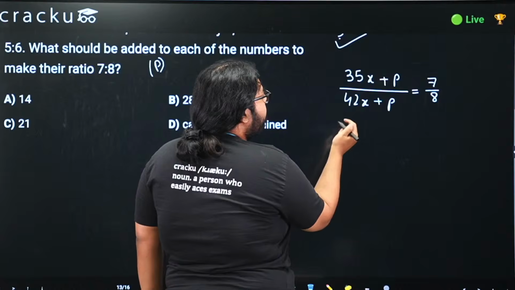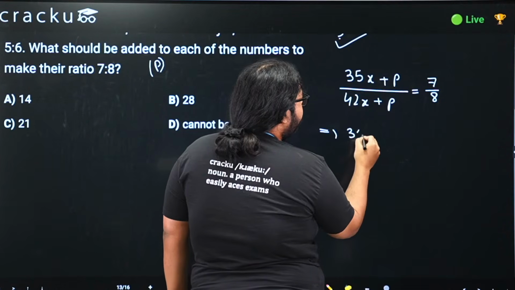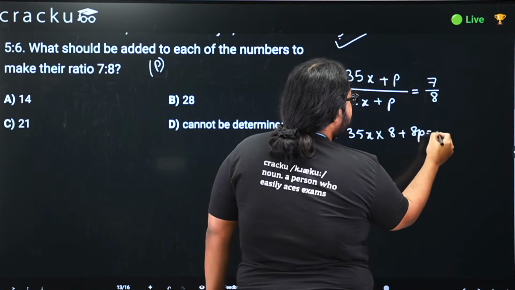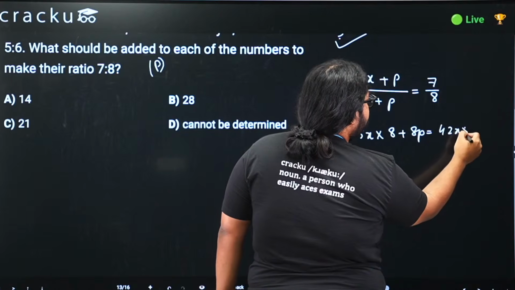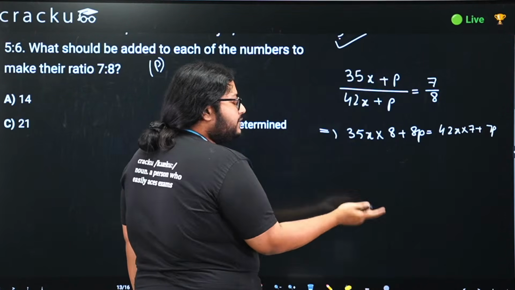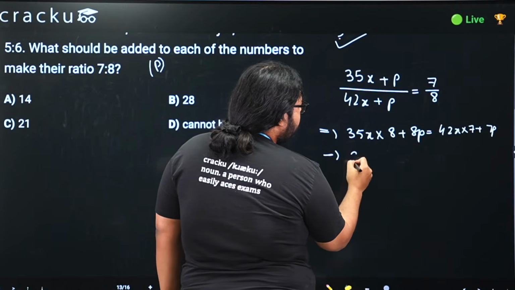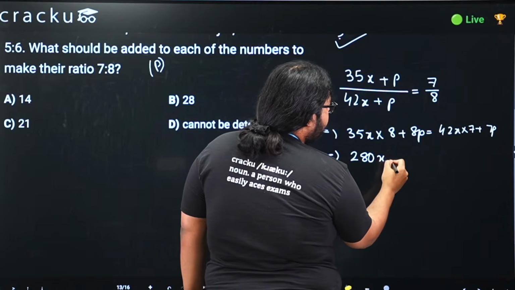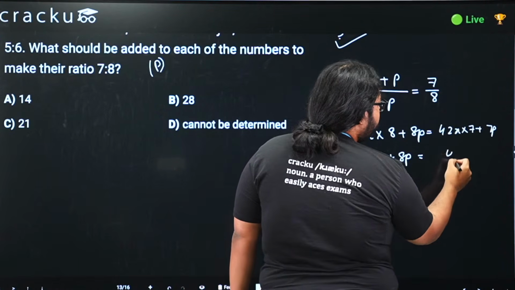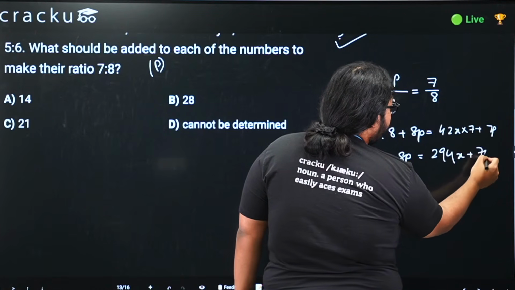So what we can do here is cross multiply: 35x times 8 plus 8p is equal to 42x times 7 plus 7p. Now 35 2s is 70, so 70 times 4 is 280. So I get 280x plus 8p is equal to 294x plus 7p.